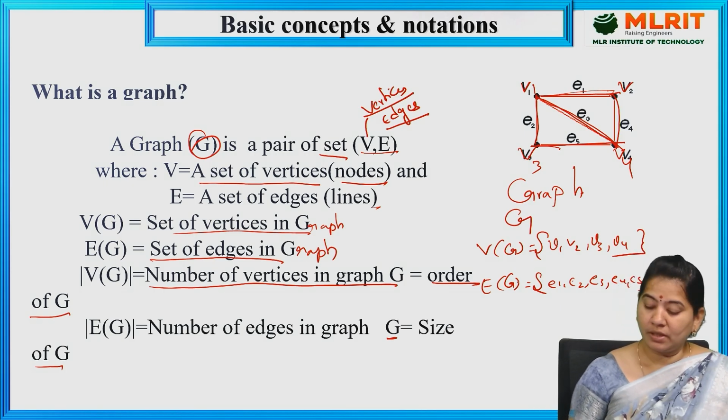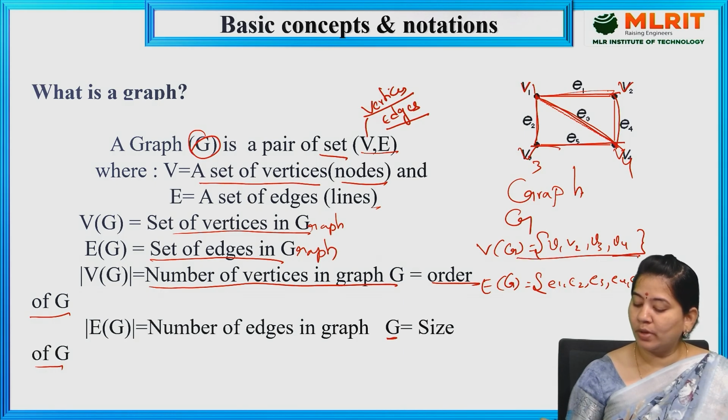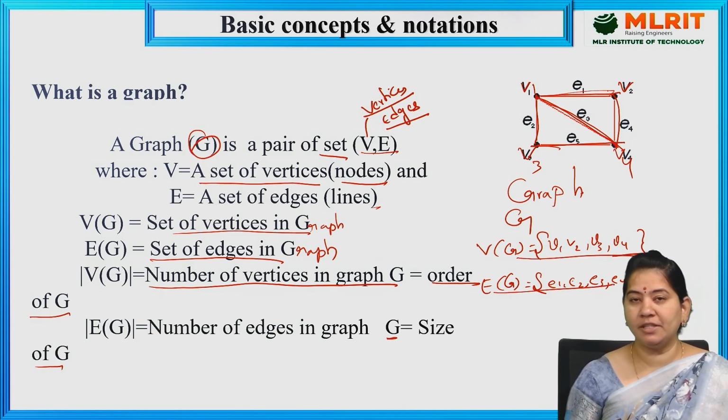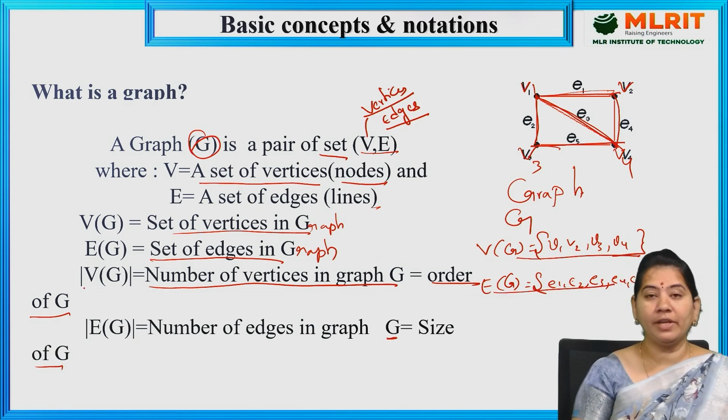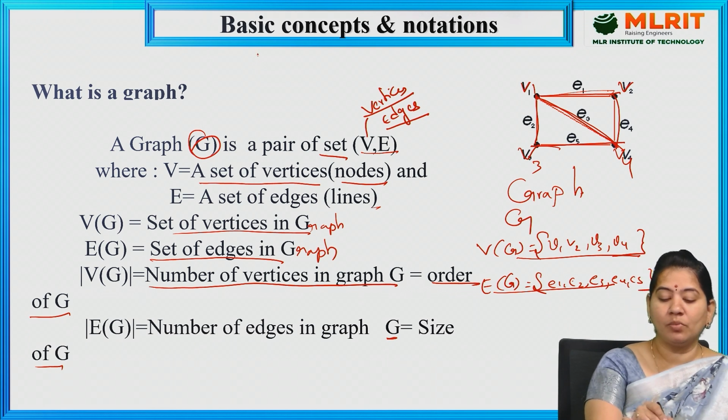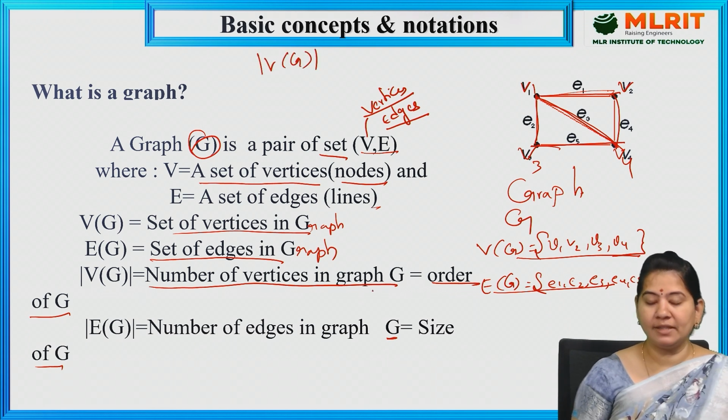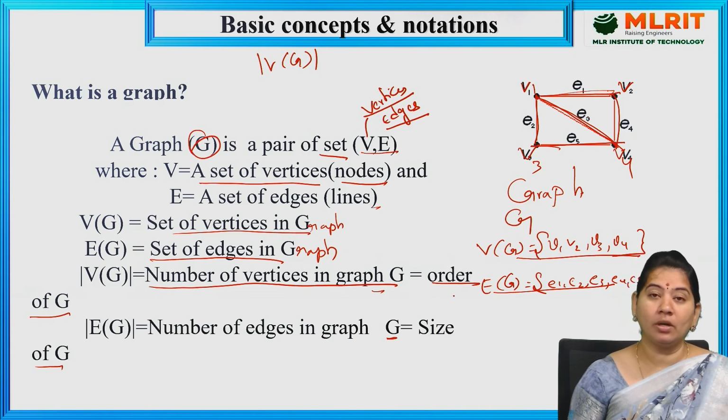Now, mod V of G is the number of vertices in the graph, which is the order of the graph.